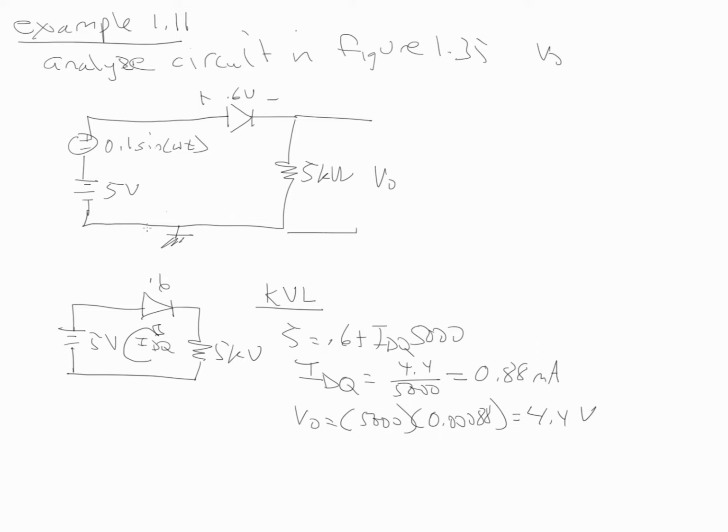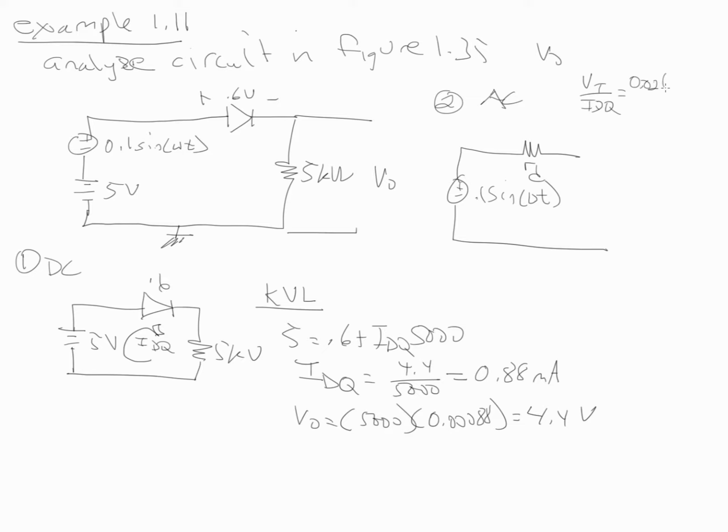So this was the number 1 step, DC only analysis. And then your number 2 step was you do the AC circuit, where we have the plus minus 0.1 sine omega t, and then we have the RD, which was VT over IDQ, which is equal to 0.026 over 0.88 milliamps, which comes out to be 29.5 ohms.